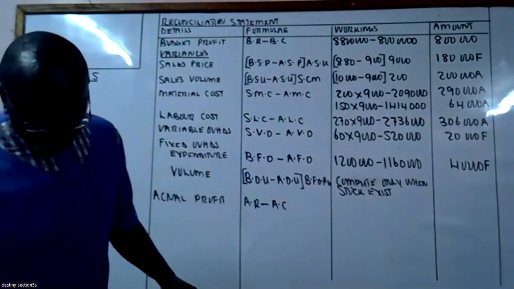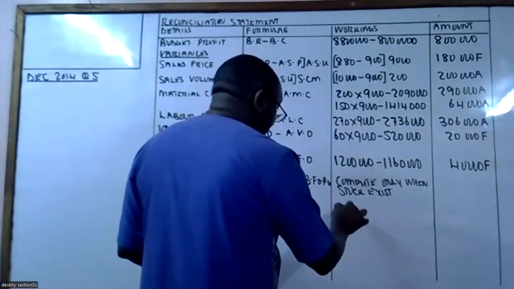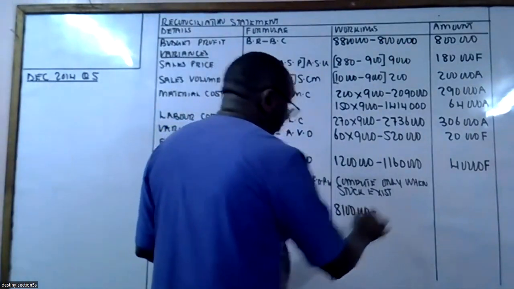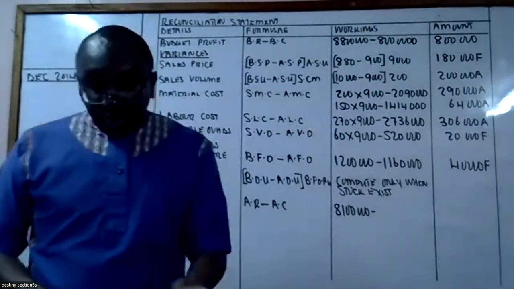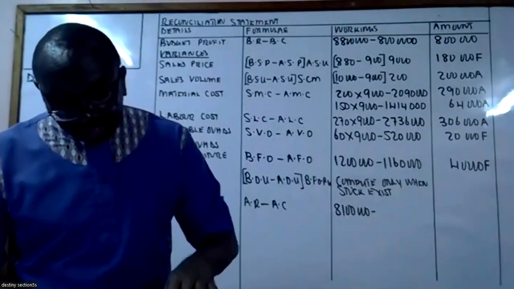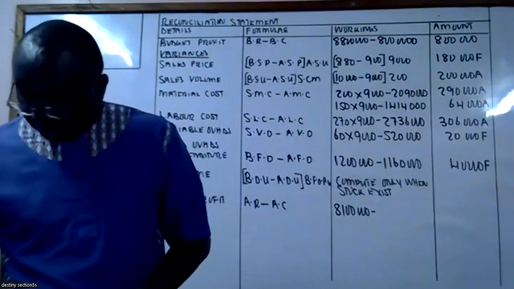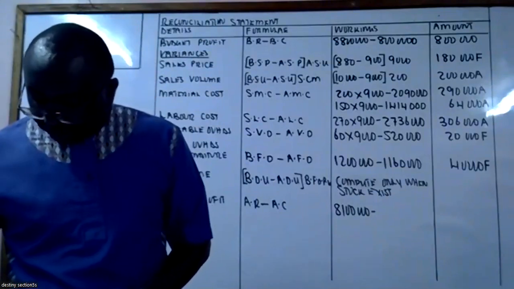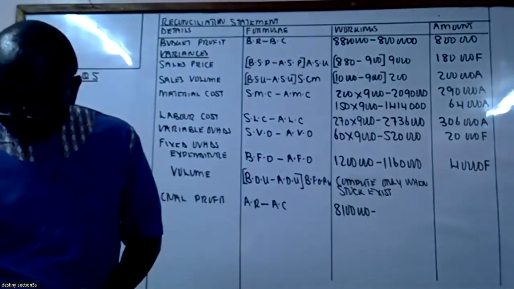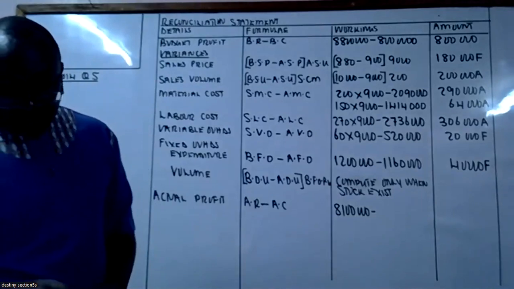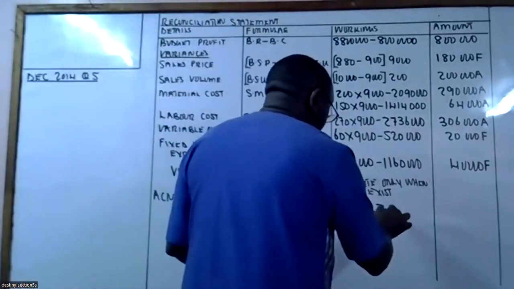So looking at the actual results, you can see we had 8,100,000 as the revenue. And the costs, if you just subtract, it should be 7,920,000.